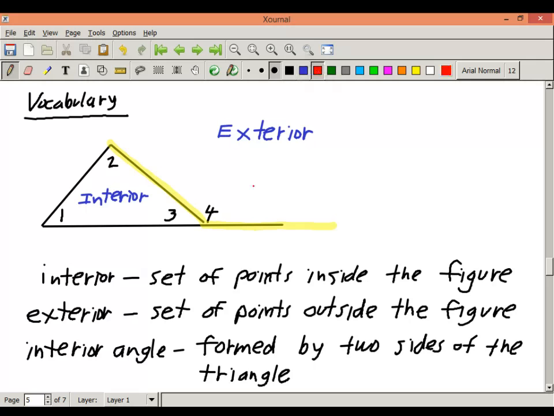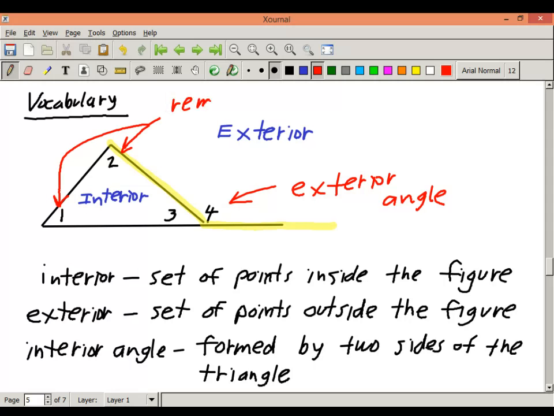So here, angle 4 is an exterior angle. Now, we said that the triangle has three interior angles, but these two right here, angle 2 and angle 1, are called remote interior. Remote means far away, right? Remote interior.